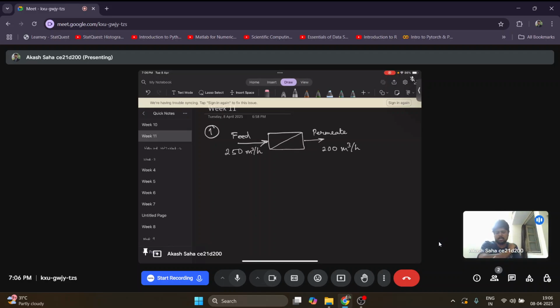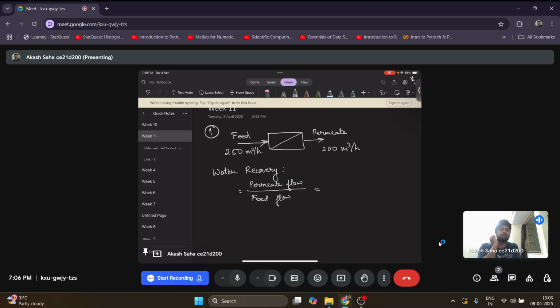Okay, so we are asked about the water recovery. This is nothing but the ratio of the permeate flow by feed flow.